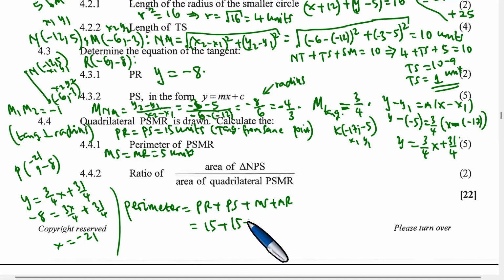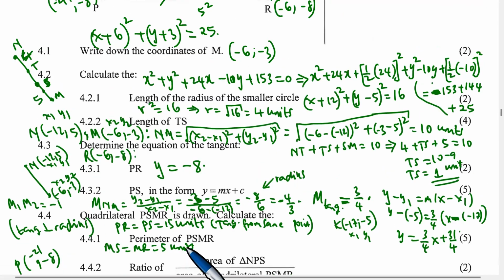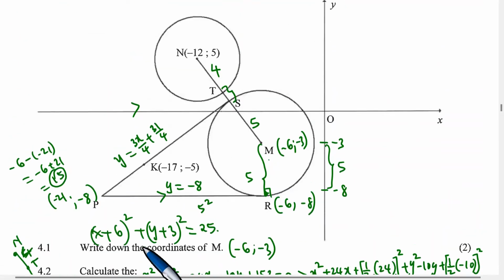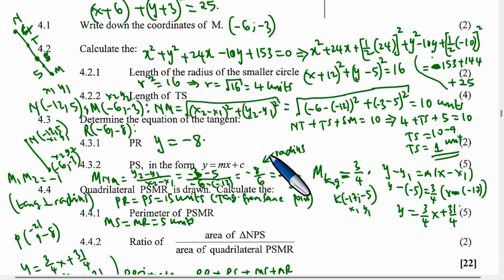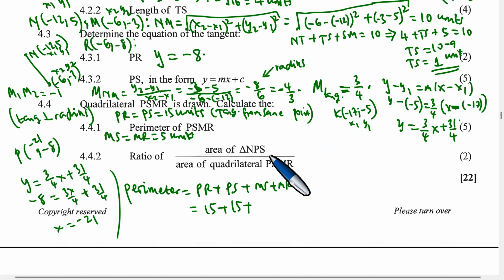It's also 15. PR is the tangent, 15. Also this tangent is 15. And then we get to SM and MR, or RM and MS. MS is 5, and this one is also 5. This is 30 plus.